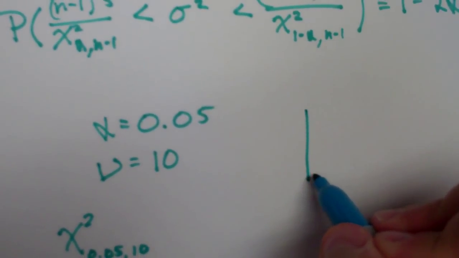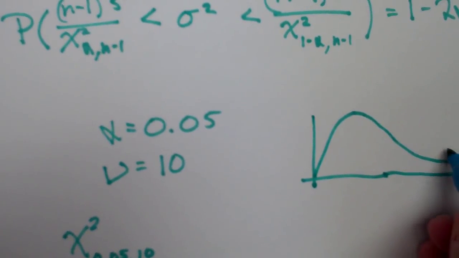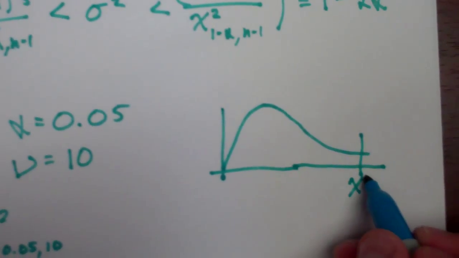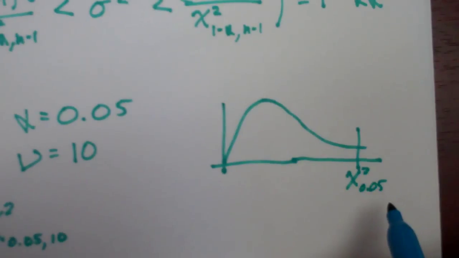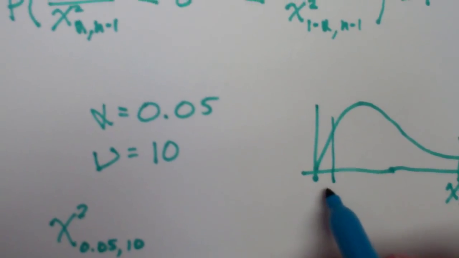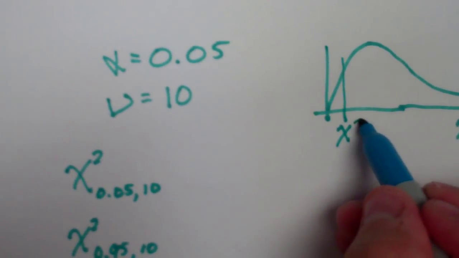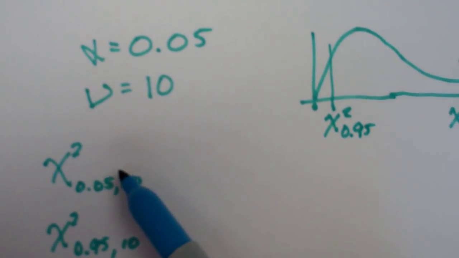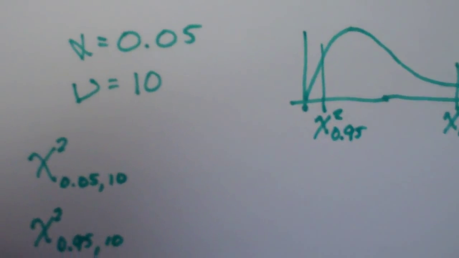If we look at the distribution again, if I want to have 5% of the area to the right, I would have to be all the way out here. If I want to have 95% of the area to the right, I would be somewhere down at this limit. So again, this first number is going to be much larger than this number because it's much further out along the x-axis.